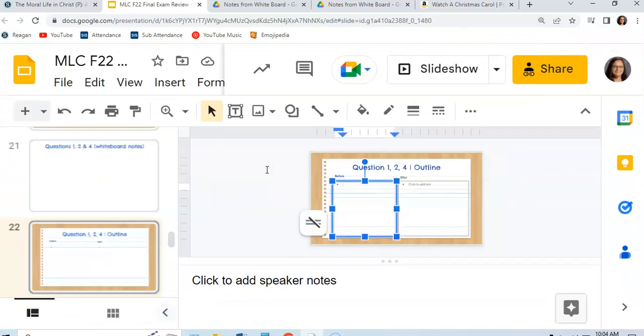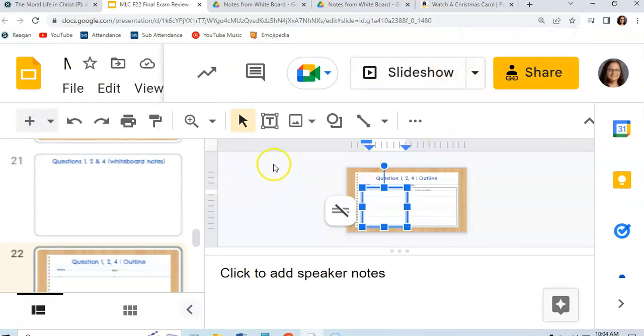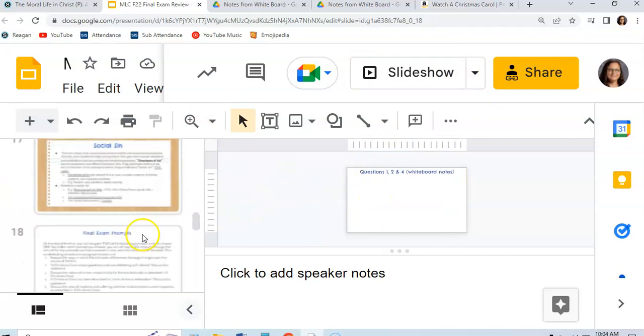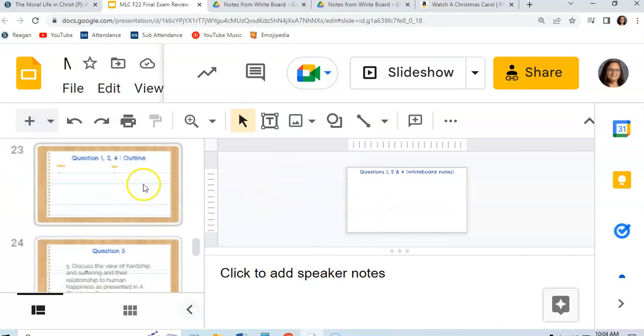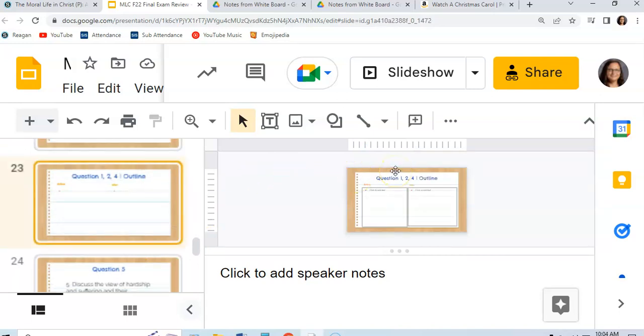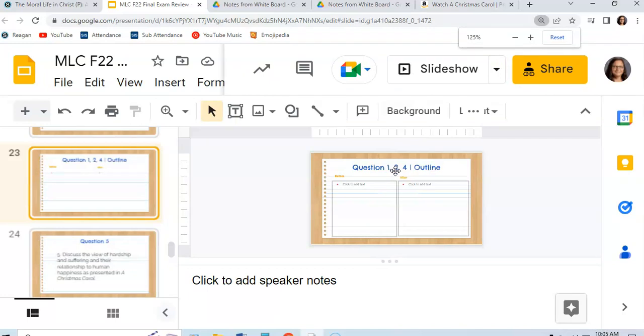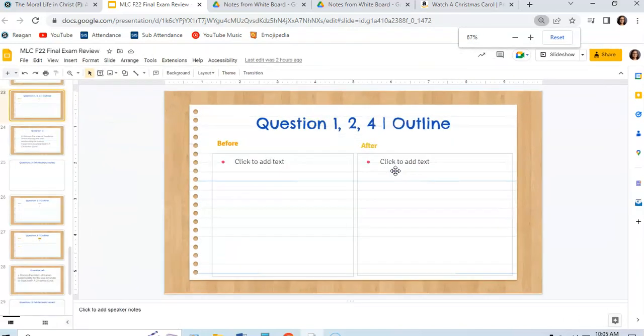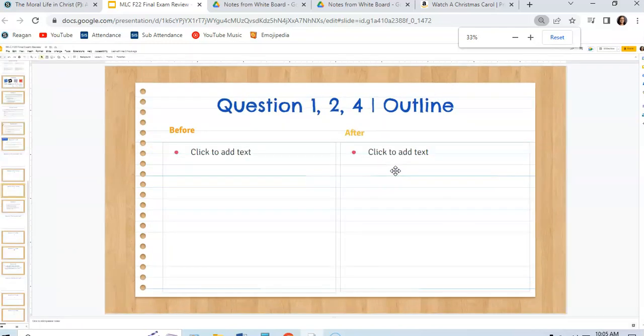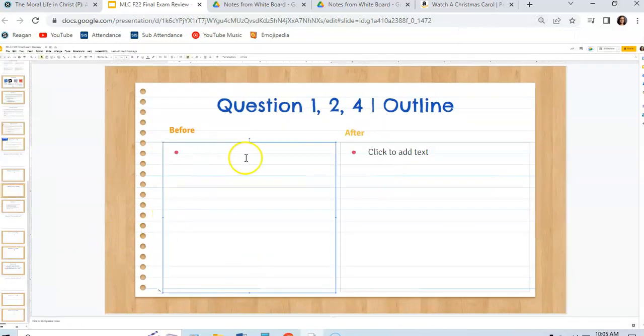Oh, that did the opposite. Oh man, I messed that up. Shoot, what did I do? Sorry. It's really weird. Okay, so for 1, 2, and 4, all those questions are looking at the change in Scrooge over the course of the film.